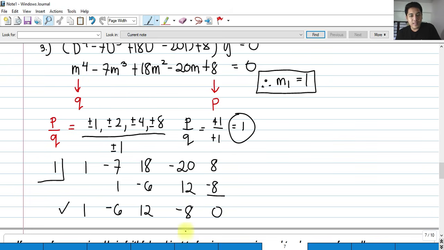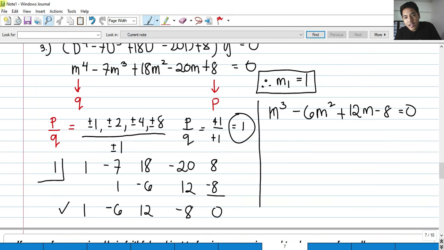So we can write this as m cubed minus 6m squared, this is the coefficient of m squared, plus 12m, this is the coefficient of m, minus 8 equals 0.